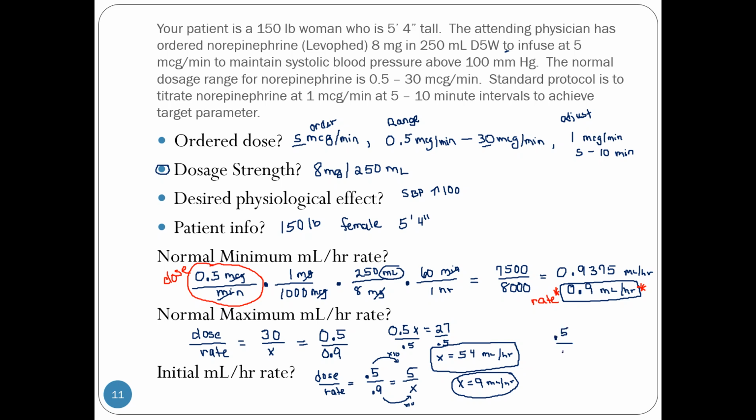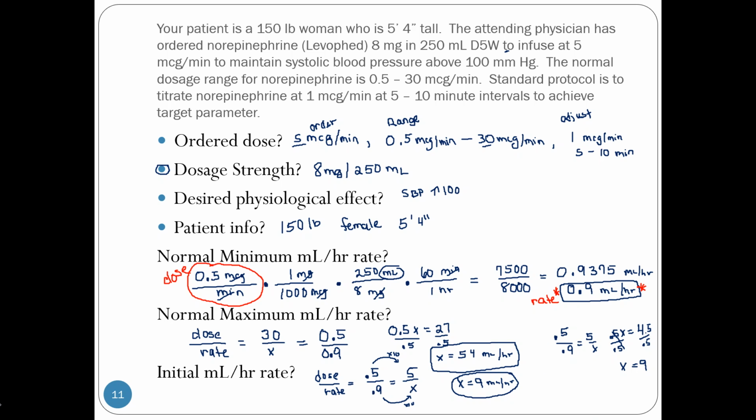So 0.5 over 0.9 equals 5 over X. Multiply diagonally, so 0.5x is equal to 0.9 times 5, which is 4.5. And then divide by 0.5 on both sides, and we get X equals 9. So we get the same answer either way, if we notice the times 10 or if we do the math.